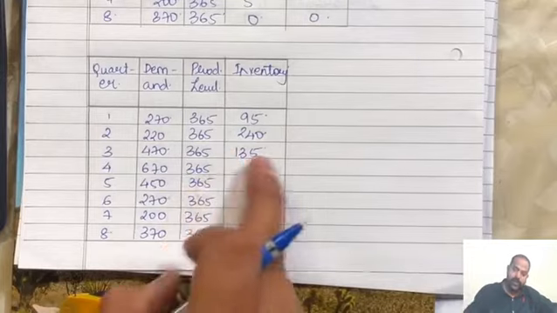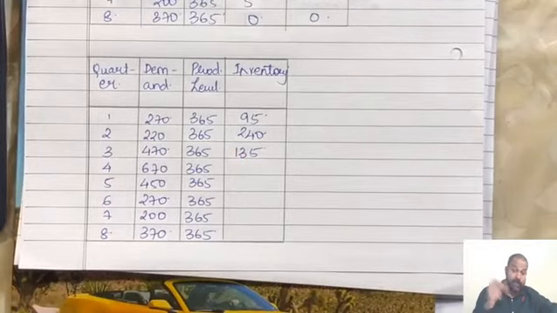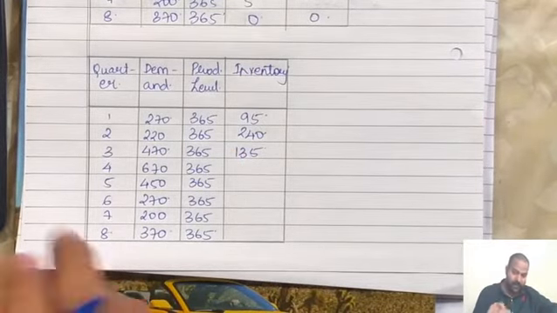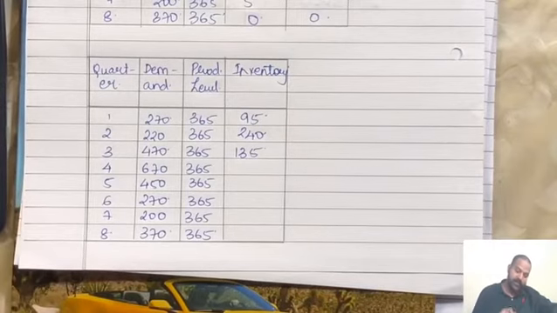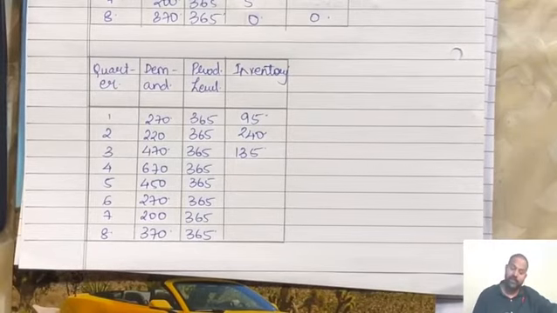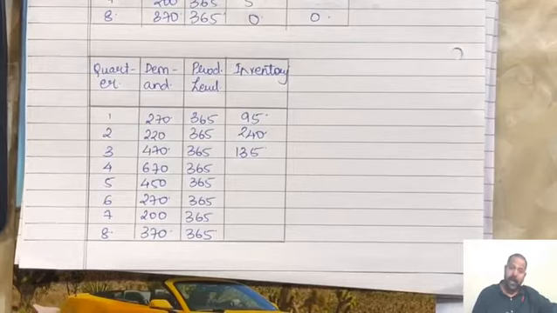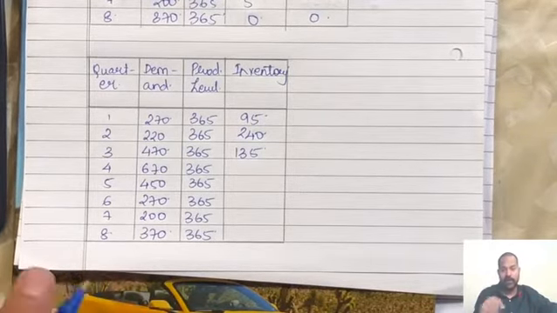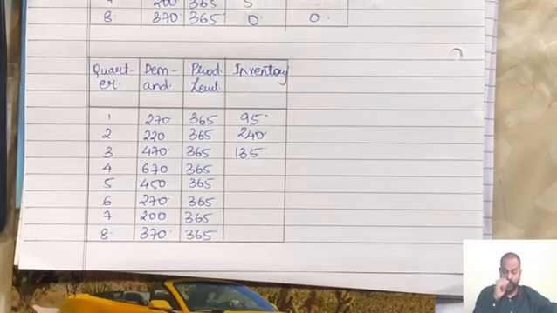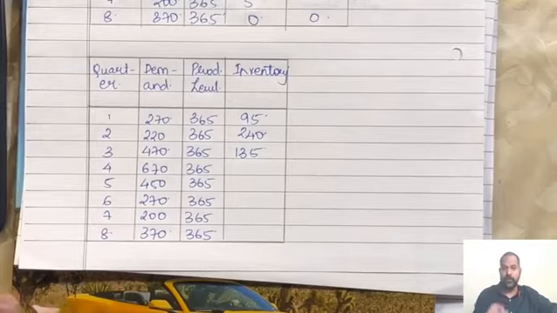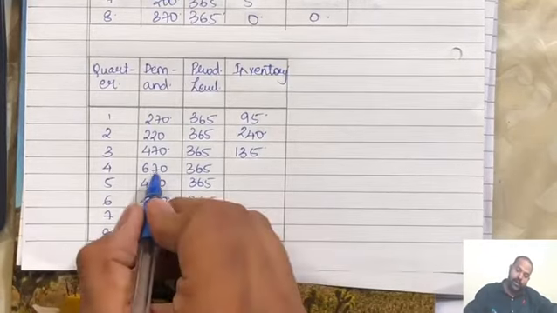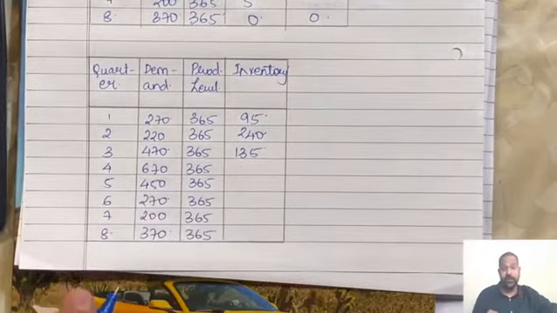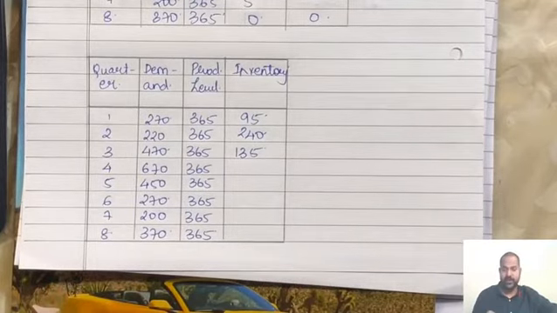Next period, the 135, which is the previous period's, will become the opening balance here, plus the 365 that I produce is a total of 500 units. From which I require 670.